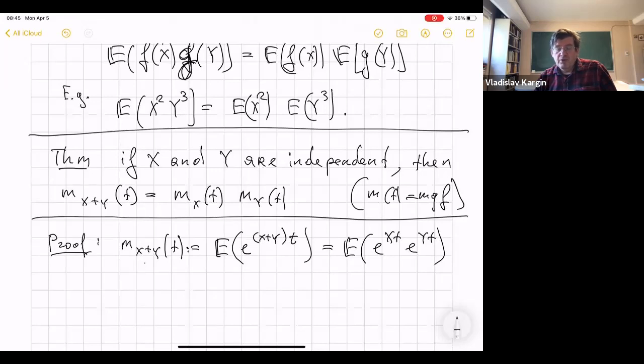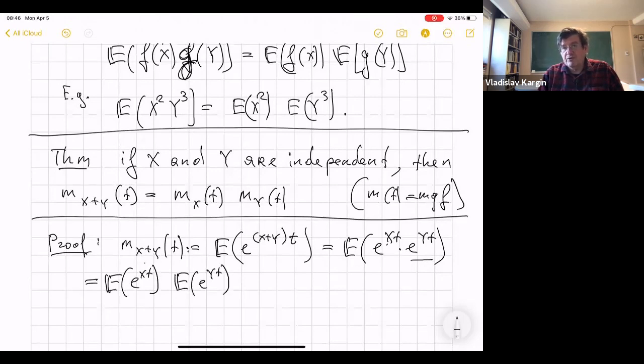Now we observe that here we have a product, and one factor is a function of the random variable x, another is a function of the random variable y. So you can use the previous theorem, which says that the expectation of a product of functions of independent random variables is the product of expectations. So it's equal to the expectation of e to the xt multiplied by the expectation of e to the yt, but these are the MGFs of x and y.